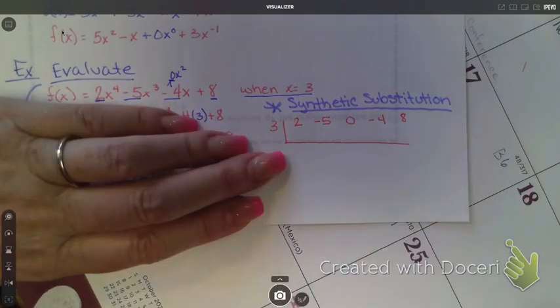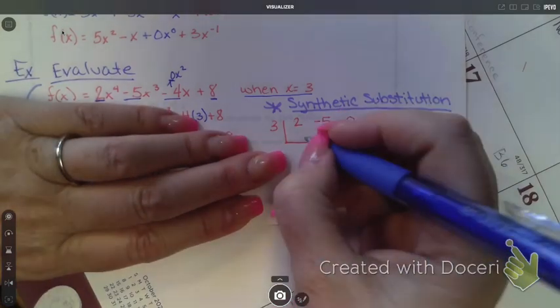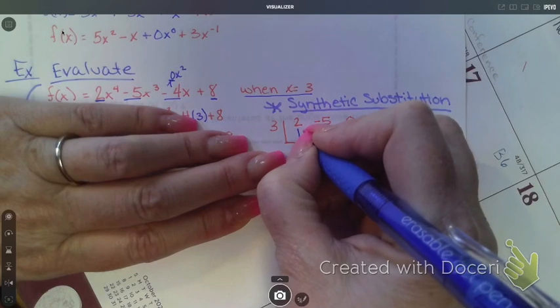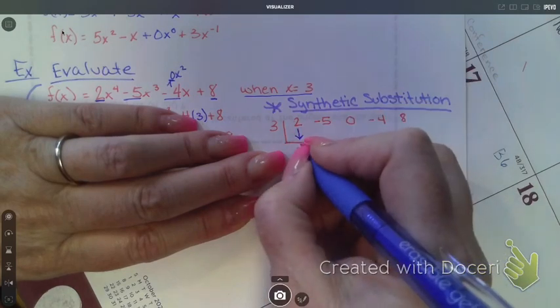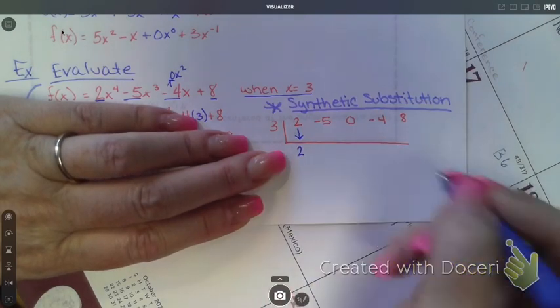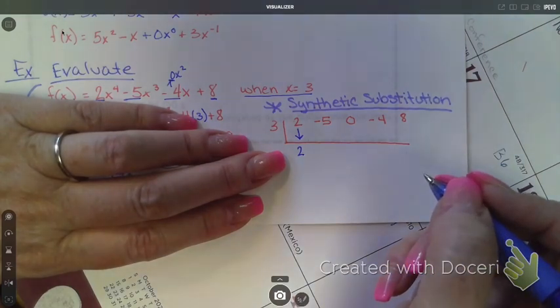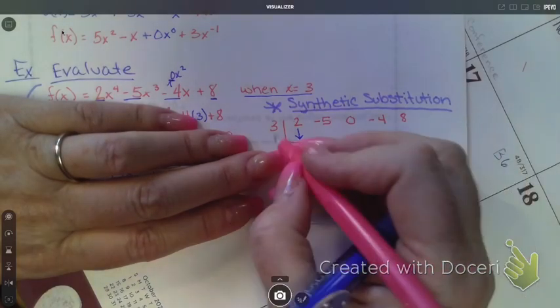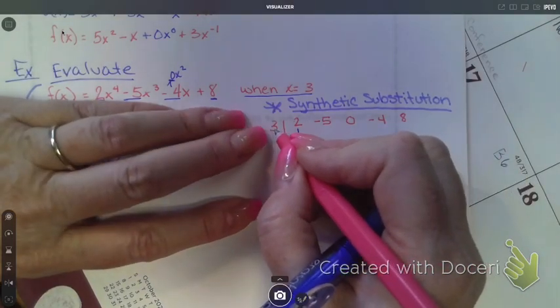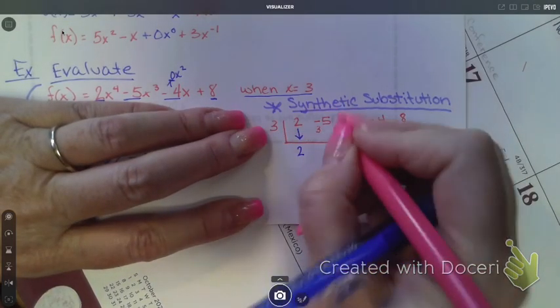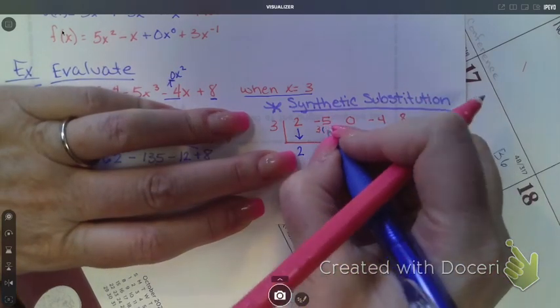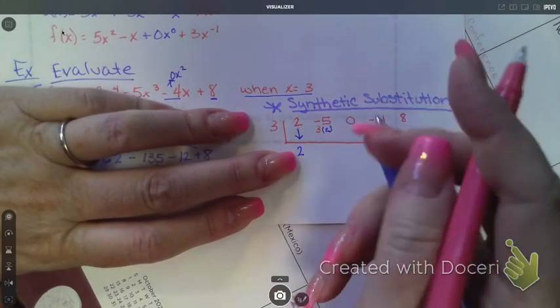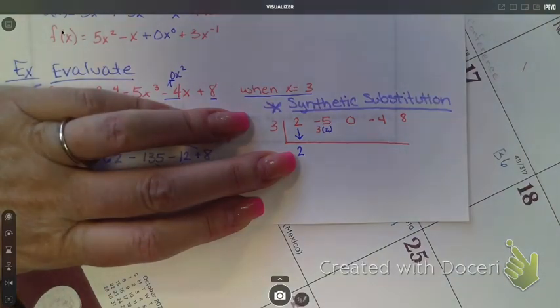How this works is you take the first 2 and drop it straight down. So it's 2. Then you take this number right here, 3 times your 2. 3 times 2 is what? 6.